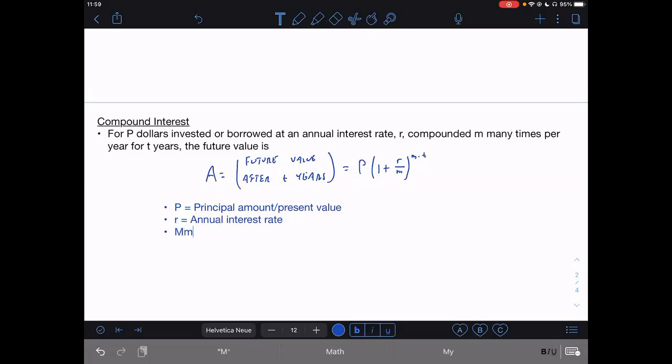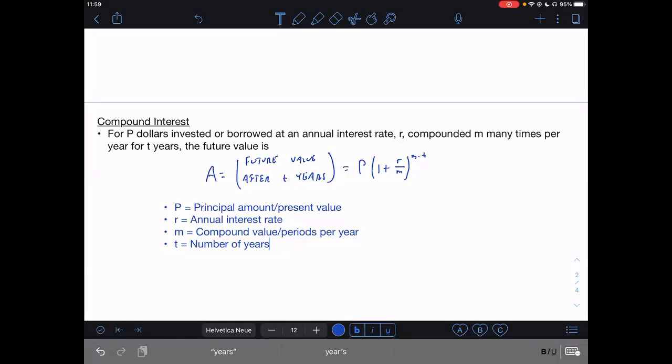And little m represents what is known as our compound value, the number of times we're going to break this interest rate throughout each year, the number of periods per year. And then t, and this is also important to note, t is always measured in years. Again, keyword being years here.